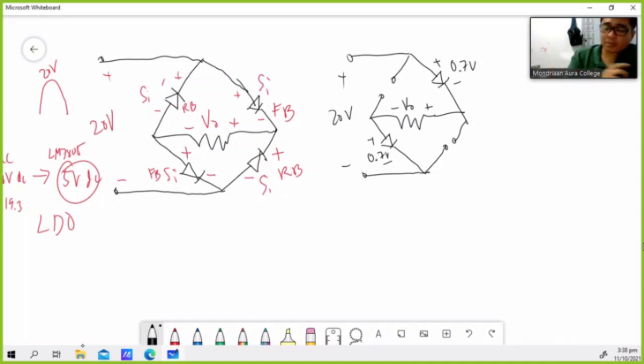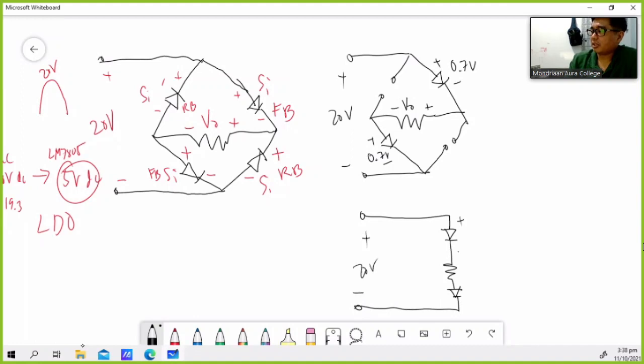Tingnan natin. So para mas ma-visualize nyo, aalisin ko yung mga naka-reverse bias ng mga branch and then i-straighten out ko yung ating equivalent circuit para mas ma-visualize nyo. Actually, ganito lang siya. Ito, equal lang siya dito sa circuit na to. So plus minus 20 volts, plus minus 0.7 volts, plus minus 0.7 volts, and plus minus V out.